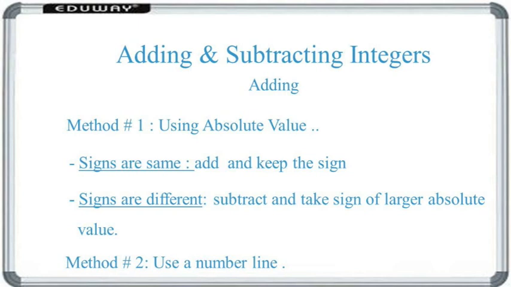I know that sounded like a lot. Don't worry, I'm going to go through examples and show you how to add the integers using method number 1 and method number 2, where we are just going to use a number line. That's actually my preference.